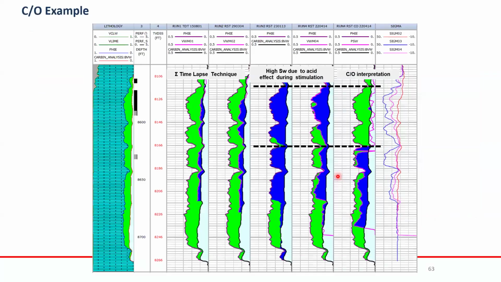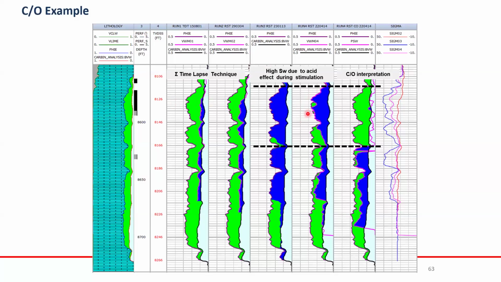Okay, this is just an example that we have time lapse here. We have time-lapse techniques here. We have just a small depletion or small increase in water, but in another RST log, it gives you all water. It's not possible. It's all water like this in just 2 or 3 years. Okay, what happened? They made a stimulation and acidized this one.